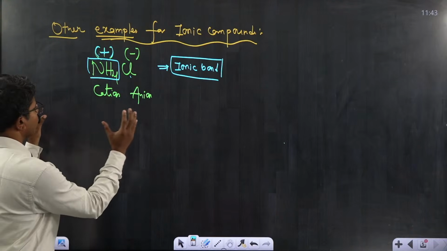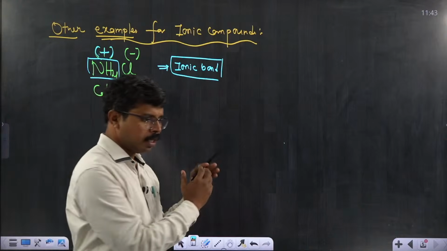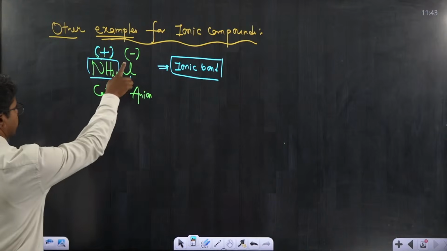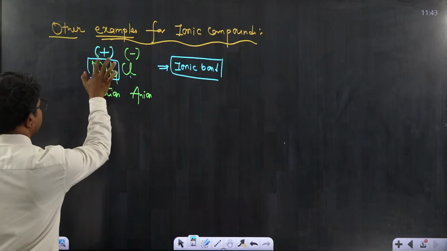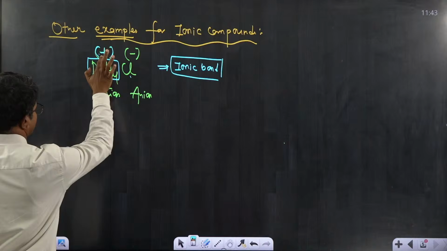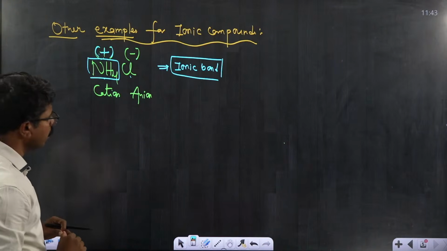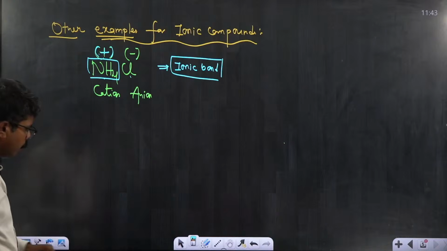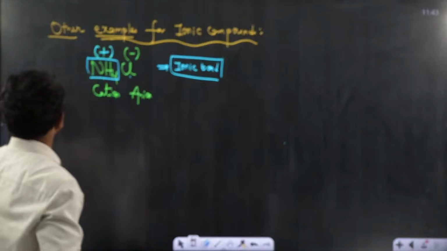Even though a group of non-metals is here, we can expect the bond between the positive charge and negative charge. Don't look at the non-metals over here. We need to check the charges, positive charge and negative charge. We can expect the bond to be ionic bond. Okay. Next, I need to explain the next point.